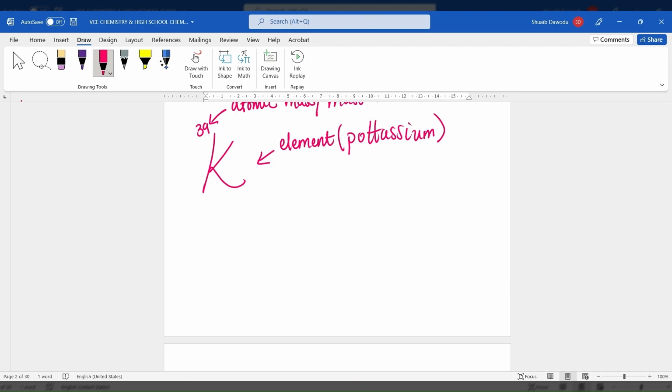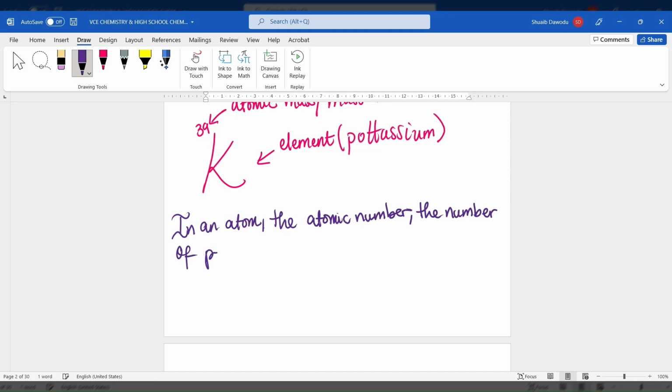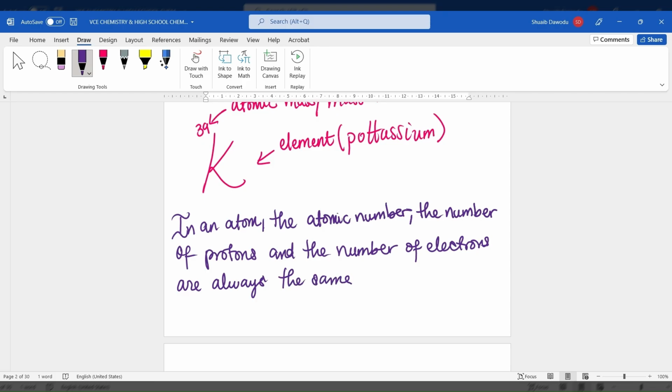So let me write this down. In an atom, the atomic number, the number of protons, and the number of electrons are always the same number.